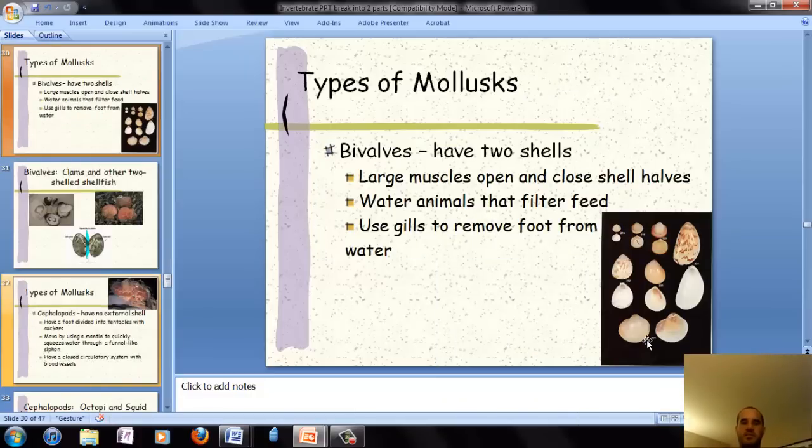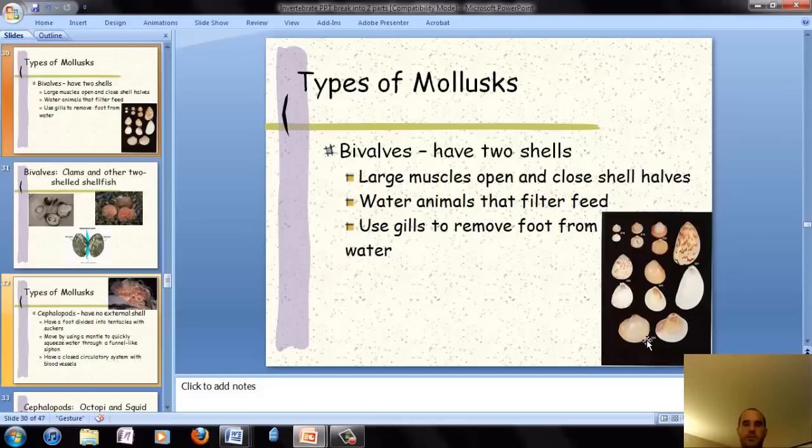So for mollusks, you've got some different types. The first type we are going to talk about is bivalves. Those are mollusks with two shells. They can close that shell up tight to keep animals out and to keep it moist if the water level goes down. So they need large muscles to move the shell open and closed.